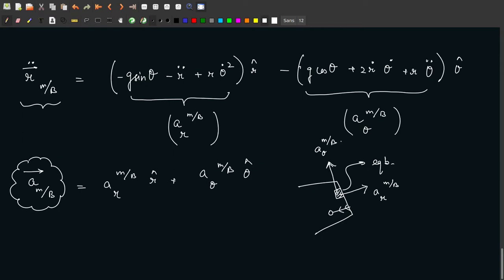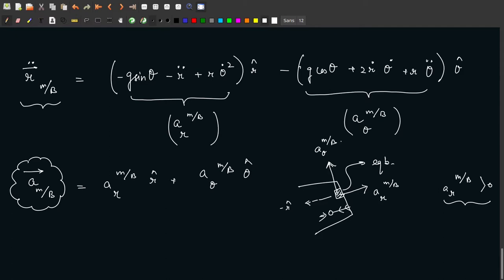Now obviously the point is that the magnitude of this A r of the mass with respect to the bucket should be greater than 0. Because if it was less than 0, then it would have pointed in this direction, and that means the normal reaction would have been 0. If the net acceleration as perceived by this observer on the bucket was in the minus r cap direction, then the mass would have just flown off. It would never have been at equilibrium or at rest.